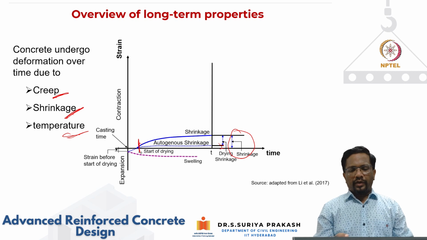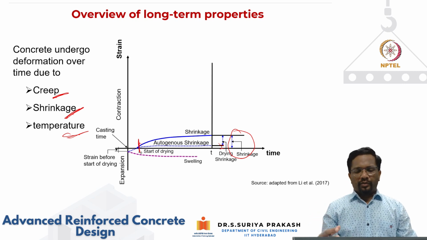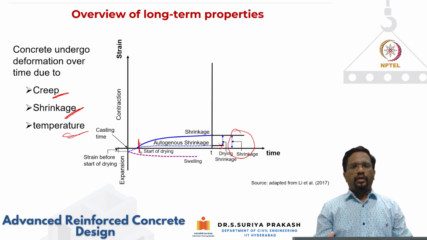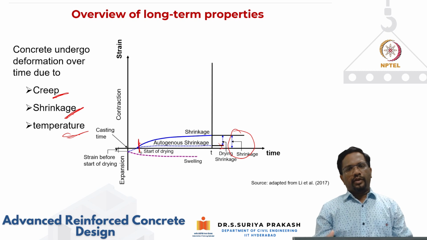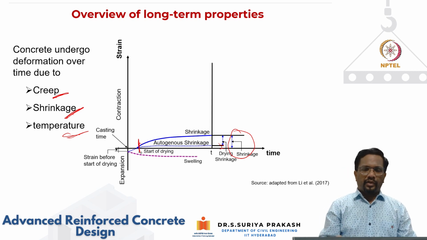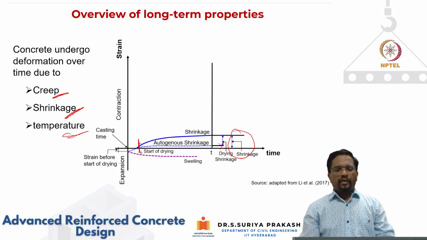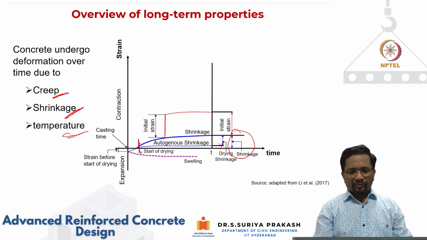For high strength concrete, you end up providing more cementitious material, so autogenous shrinkage values can be higher. But I am talking about concrete strengths in the lower range, around 40 megapascal, where autogenous shrinkage is usually much lower than drying shrinkage.